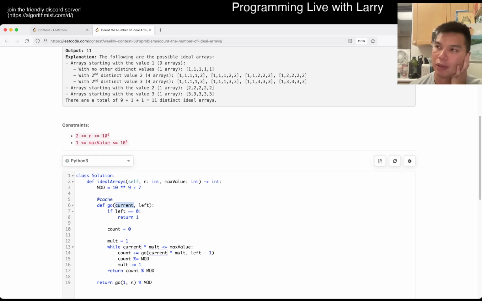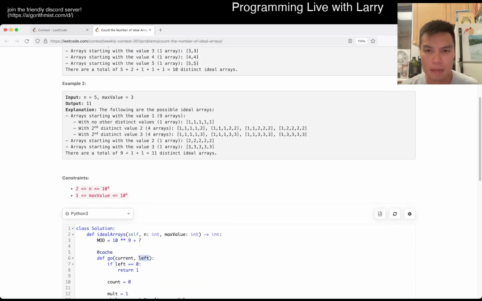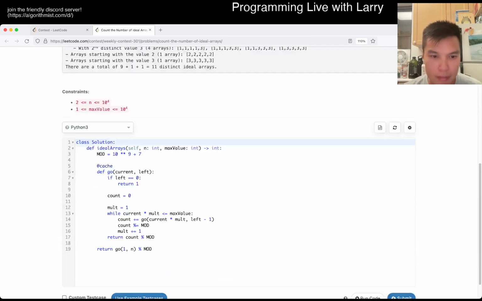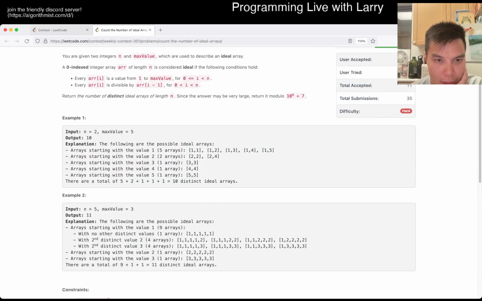Yeah, I mean, each one is going to be log n, but then there's going to be too many of these. Am I missing something obvious?